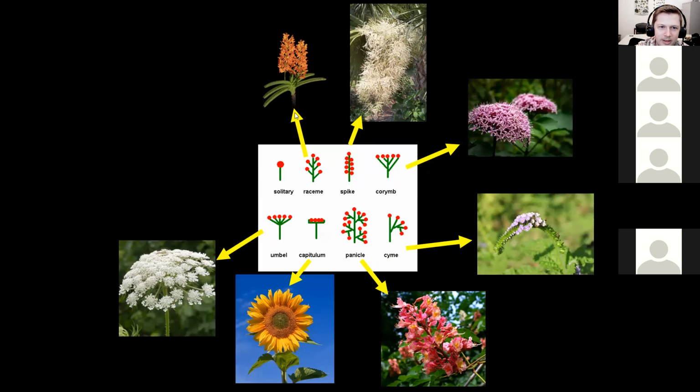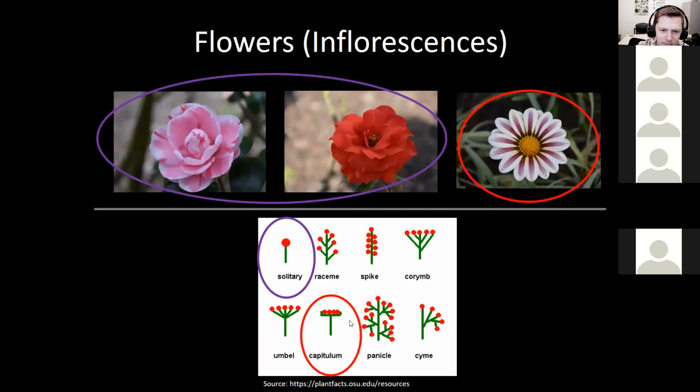You know, orchids, they tend to make raceme. Spikes, you've seen those a lot of times with trees and palms, grasses. Corymb: this is, I think, a clerodendrum. Umbels, I think carrots. But there's all sorts of things that will have these different patterns, but these are just some of the more obvious examples. Capitulum, which we just saw with this chrysanthemum, I think.